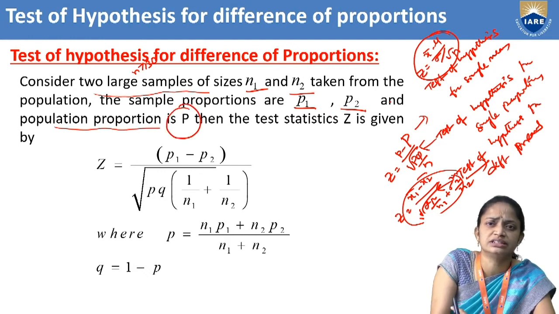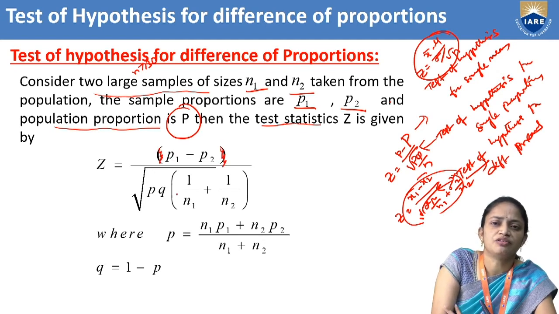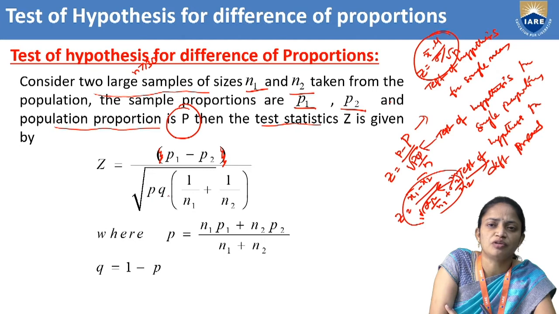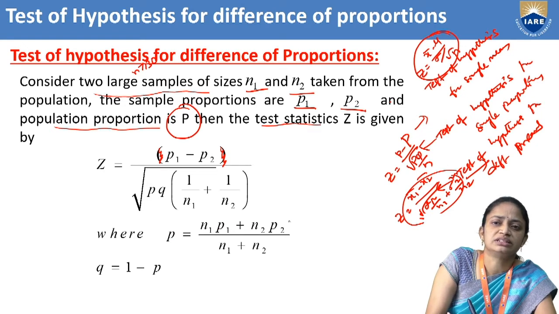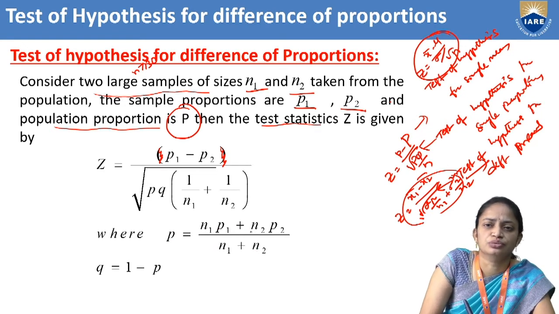And then the test statistic, that means the formula, for this test of hypothesis for difference of proportions is z equal to p1 minus p2 divided by under root of pq into 1 by n1 plus 1 by n2, where small p equal to n1 p1 plus n2 p2 divided by n1 plus n2, and q equal to 1 minus small p.